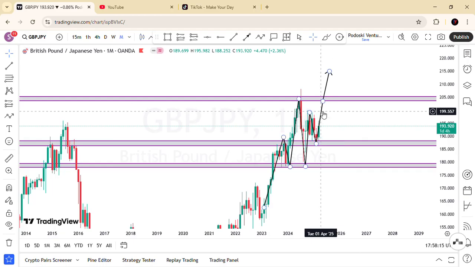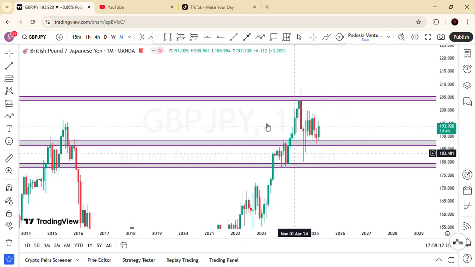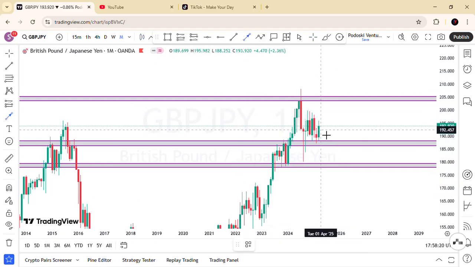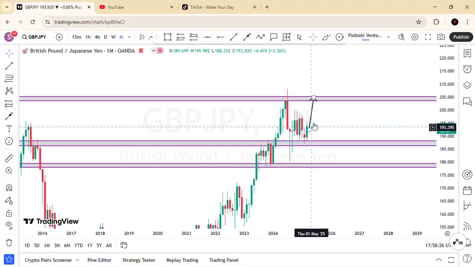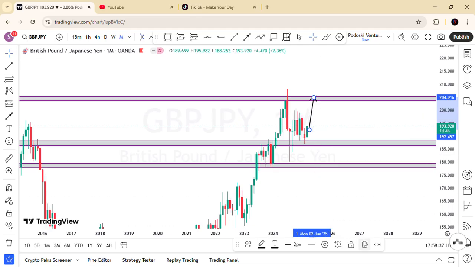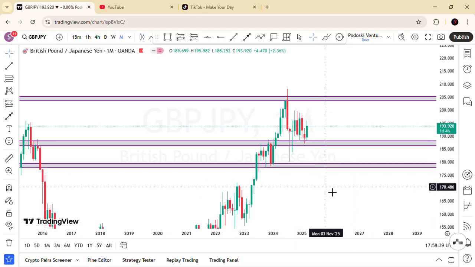But since we see that price is going for a new high on the monthly time frame, we are looking for buying opportunities on the monthly time frame to capitalize on the buying. So we should be looking for entries to capitalize on the move from here all the way to the monthly resistance zone. So let's go to the lower time frames and see how we can take that trade.